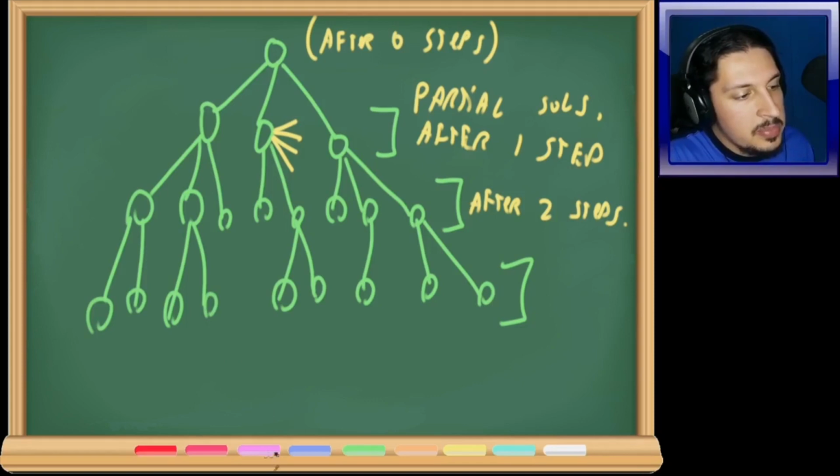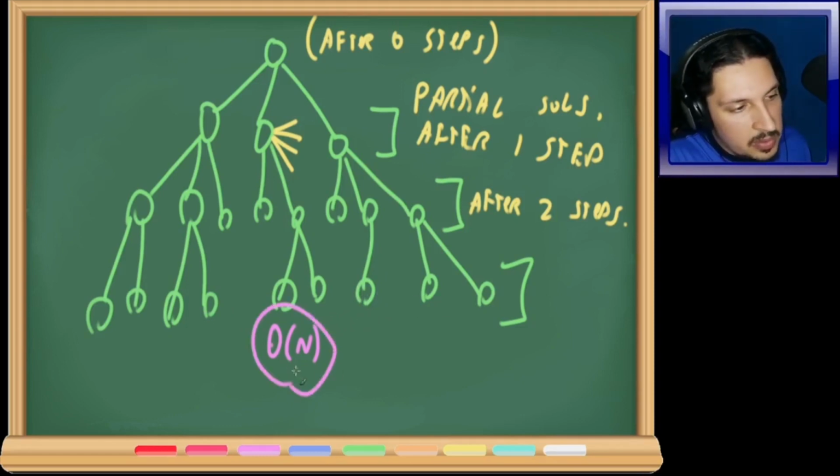Now, in these terms, what I mean is that very often, instead of making an expensive linear time check at each of the leaf nodes, which corresponds to the complete solutions, we can compute this partial cost at each node, so that each node knows its partial cost up to the moment, and thus the computation to go from one partial cost to the next will typically be constant time.